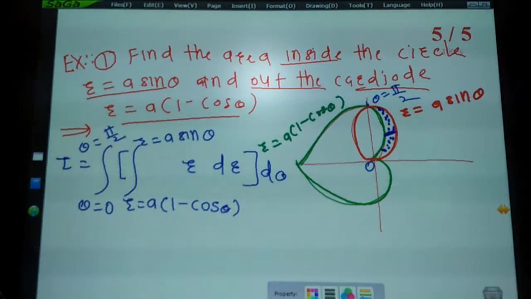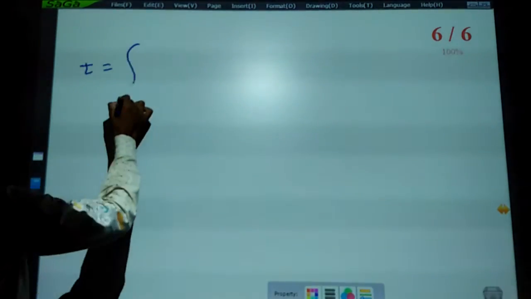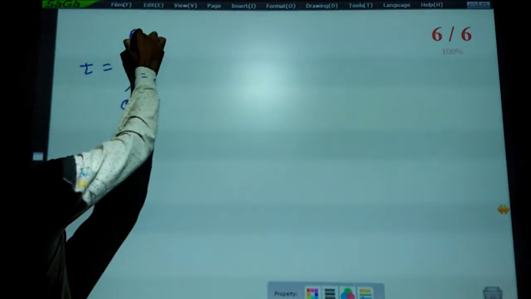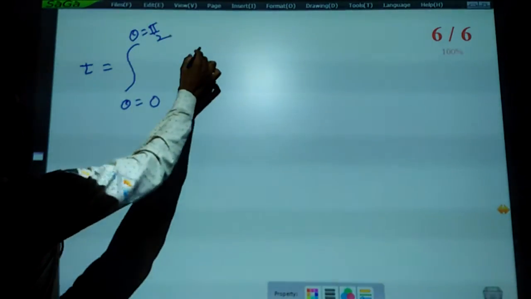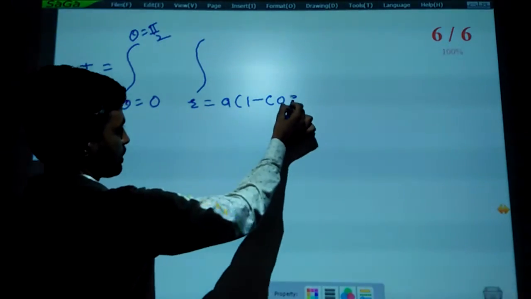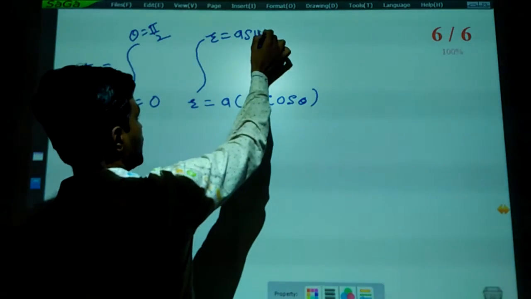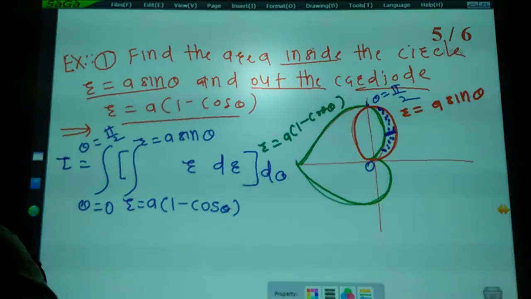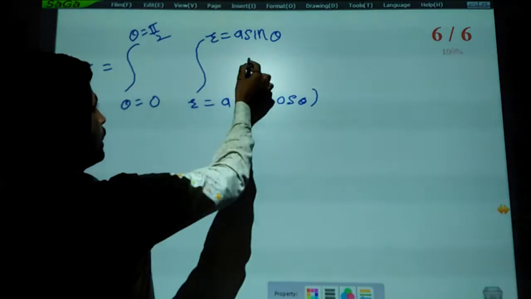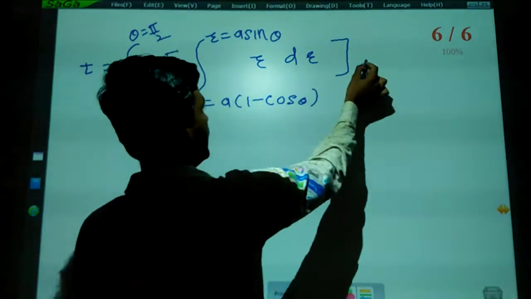Okay. So from here onwards, its solution is very easy because the integration of r dr is r square by 2. So I is equal to the integral, theta from 0 to pi by 2, r from a times 1 minus cos theta to r equal to a sin theta, of r dr d theta.